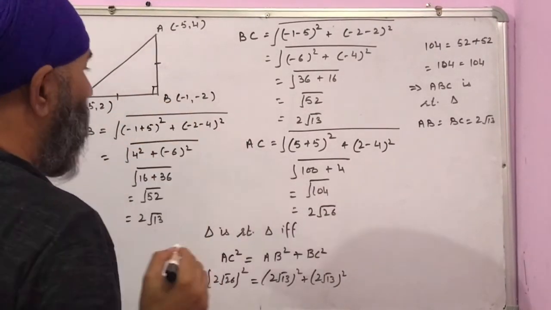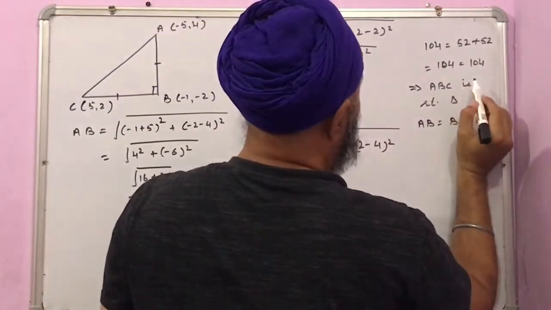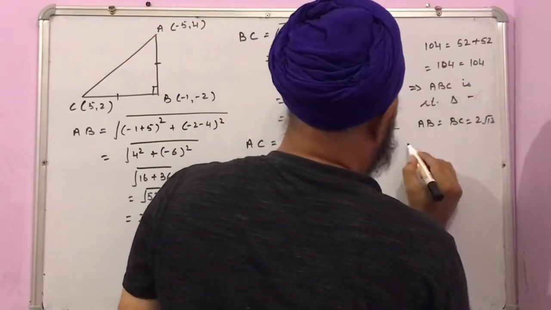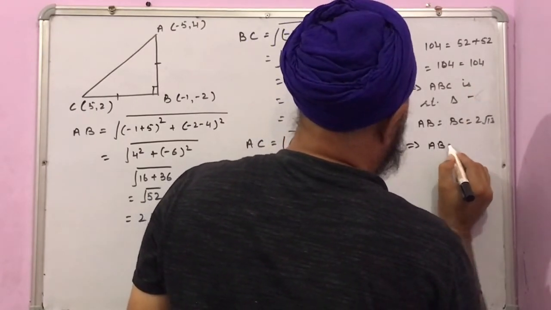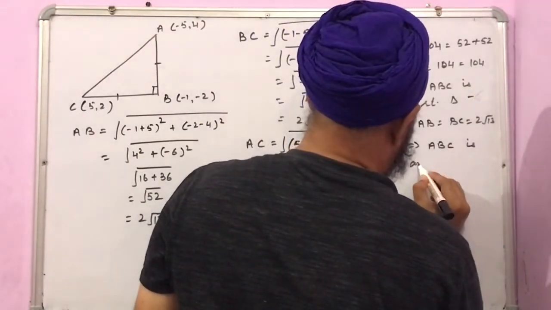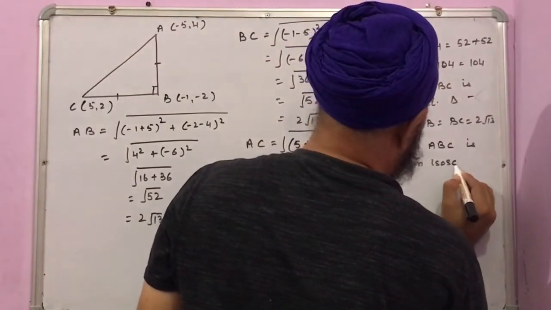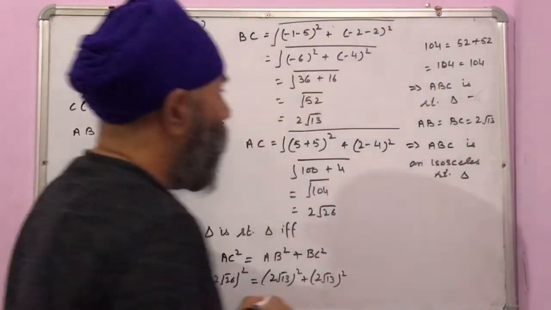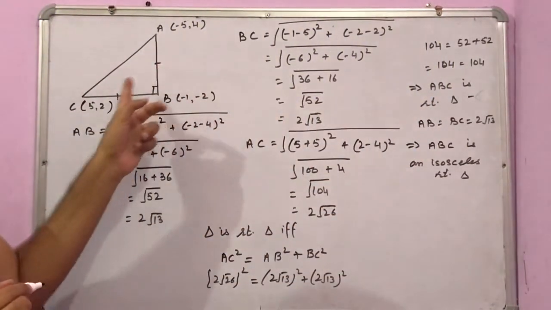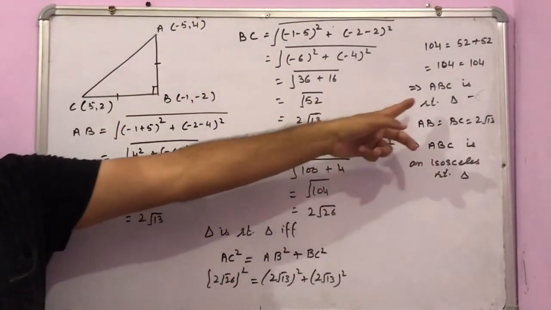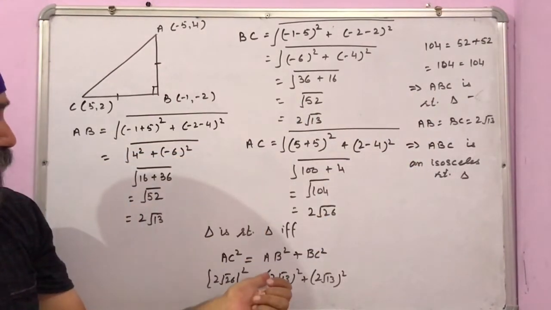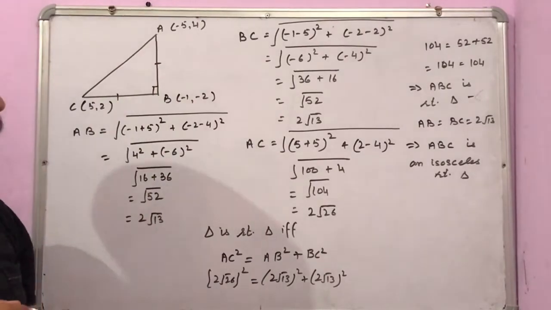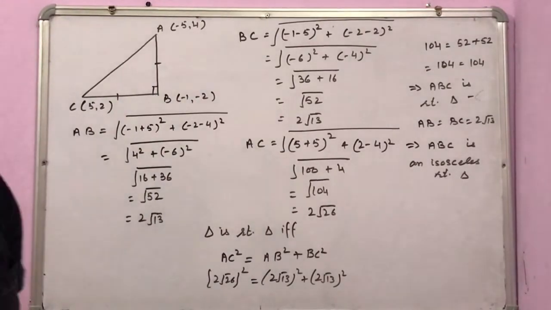It implies that ABC is an isosceles right triangle. It is isosceles because two sides are equal. It is a right triangle because it complies with Pythagoras theorem. So we can say that ABC is a right angled isosceles triangle.